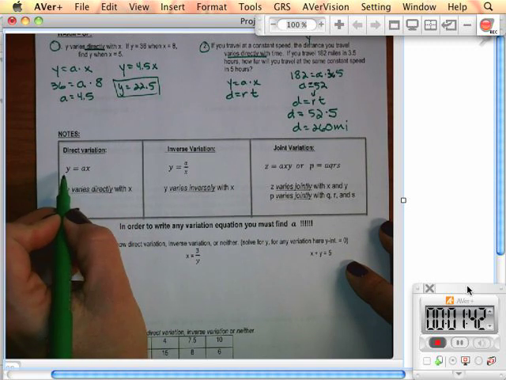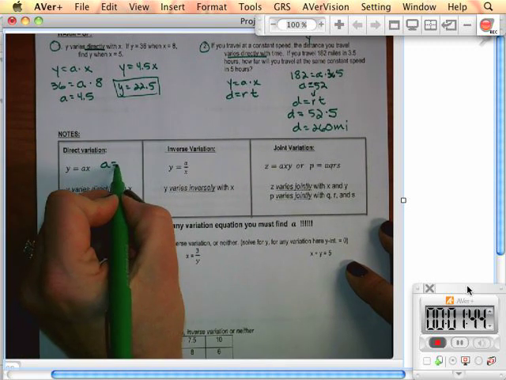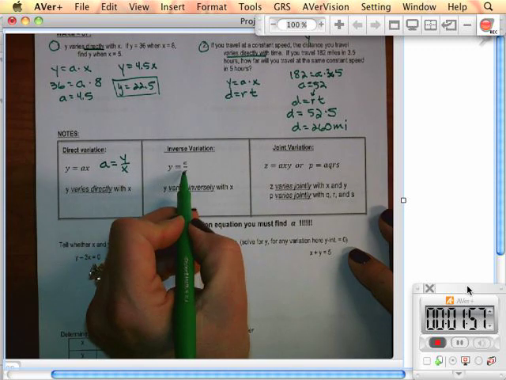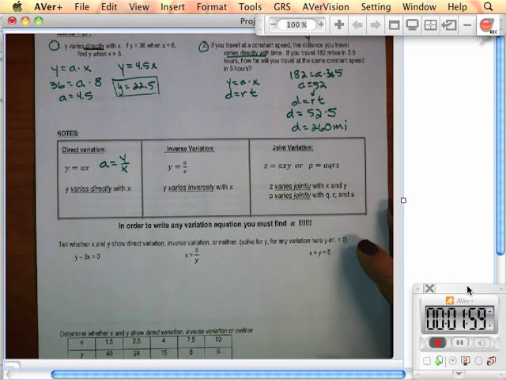What would I do? I would end up having a equals y divided by x, correct? So you want to write that down, because the key component is a. In order to write the equations, you have to have a. Here, inverse variation is when you're dividing by x. You have the constant divided by a variable.